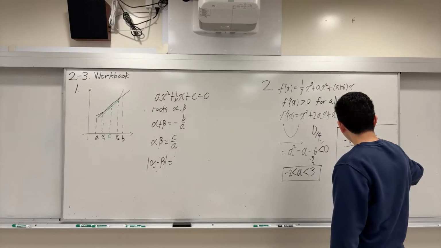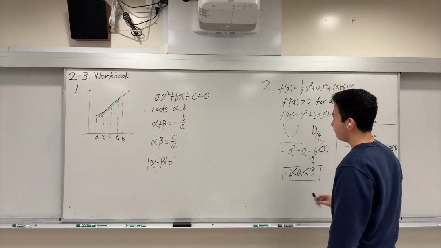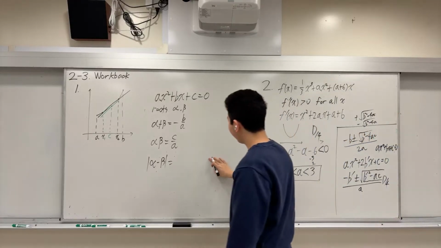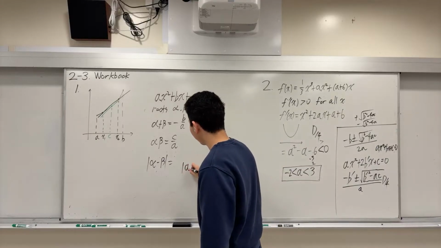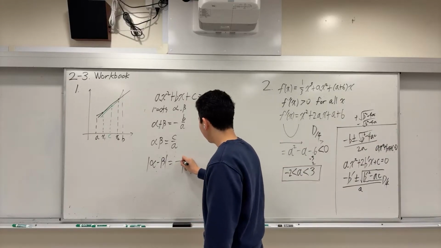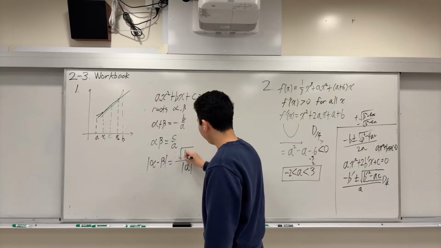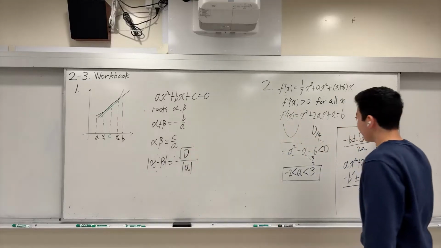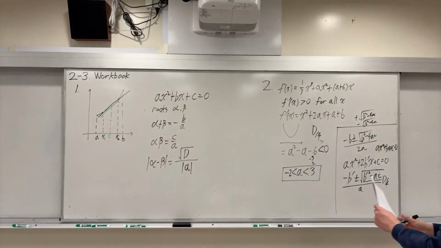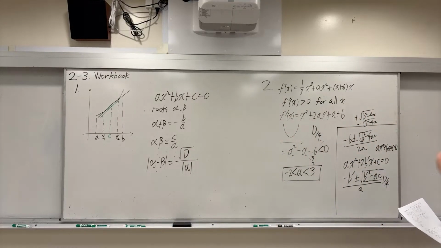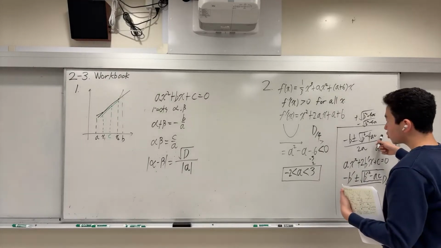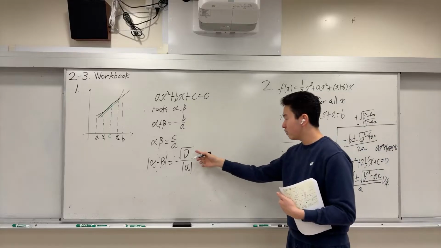And then if a is negative, we need to make sure that the difference is going to be positive. So we need to put an absolute value on a, and it's going to be square root of D, which is your b squared minus 4ac. This only works for the original quadratic formula, so you can't use D over 4 in here.